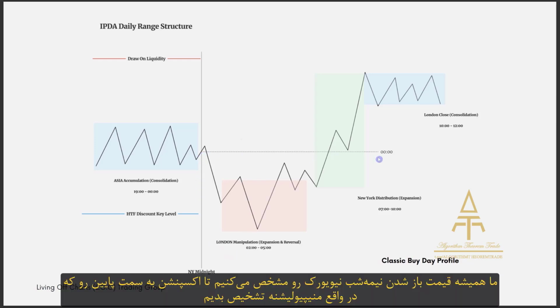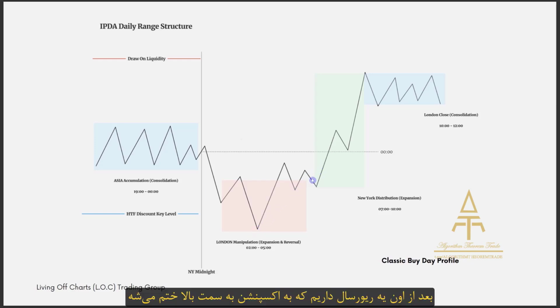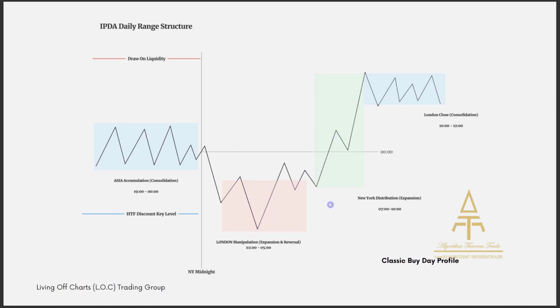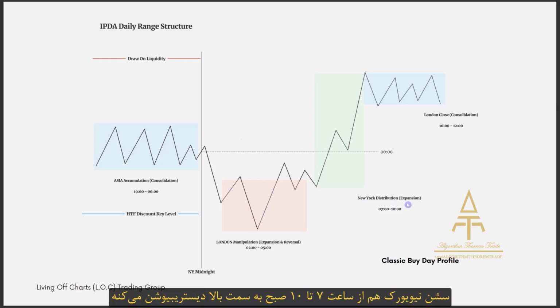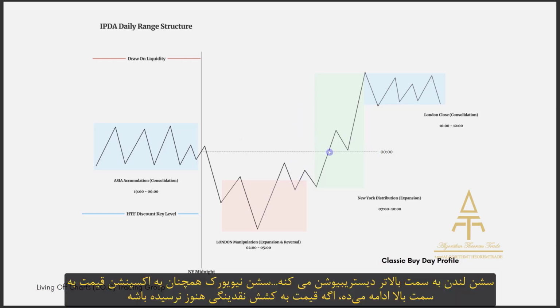We always mark out New York midnight opening price so we can determine that the expansion lower is actually manipulation. And then we can have a reversal which leads to an expansion higher. Now New York session distributes higher as well, which is from 7 to 10 a.m. Now if London expands higher as well, that could be the case, and we trade above New York midnight opening, London will distribute higher and New York session will still be an expansion higher if the draw on liquidity has not been hit yet.